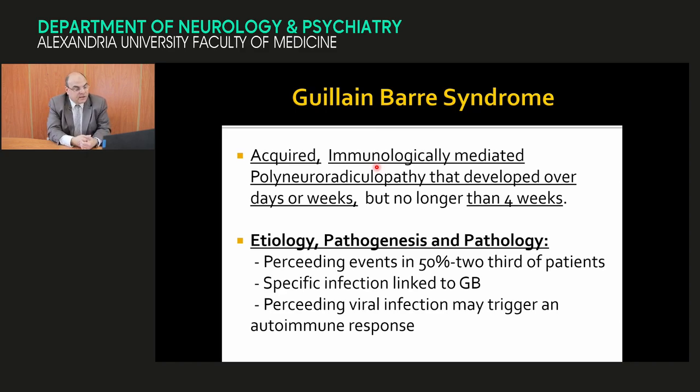So there is a history of a preceding event that triggers an immune response, leading to the formation of antibodies that react with the peripheral nerve myelin. Pathologically, there is loss of myelinated fibers, there is endoneurial perivascular inflammatory infiltrate, which is formed mainly of mononuclear cells, lymphocytes, plasma cells, and there is multifocal segmental demyelination affecting any part of the peripheral nerves, starting from the roots up to the intramuscular branches, with the main lesion usually in the anterior ventral roots.